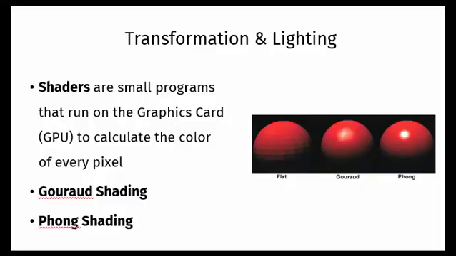Gouraud gives us a smoother appearance than flat shading, while Phong produces a more natural and realistic highlight. So simply remember, when you say shaders, that is calculating how an object should look. Gouraud shading is smoother lighting. Phong shading is more realistic lighting.